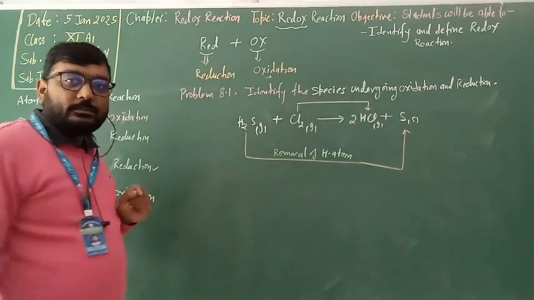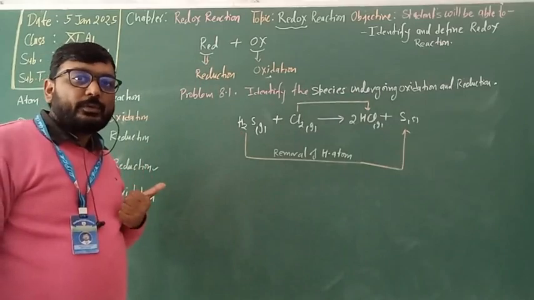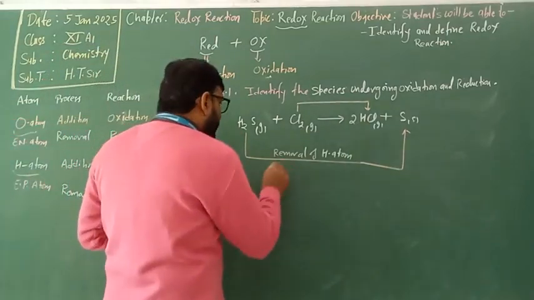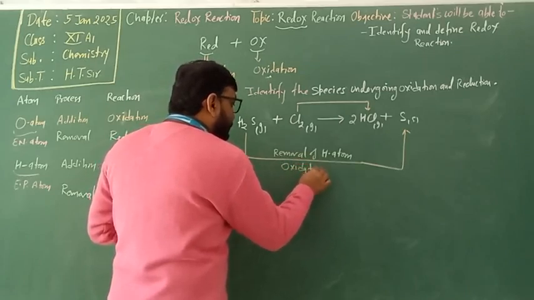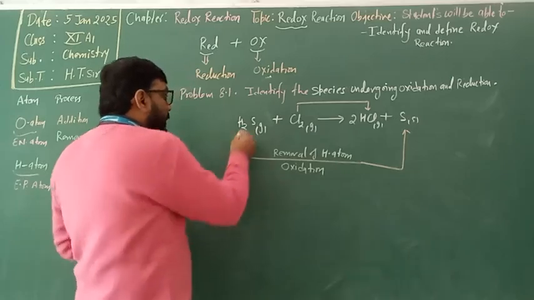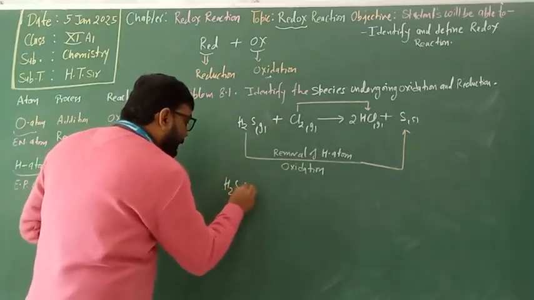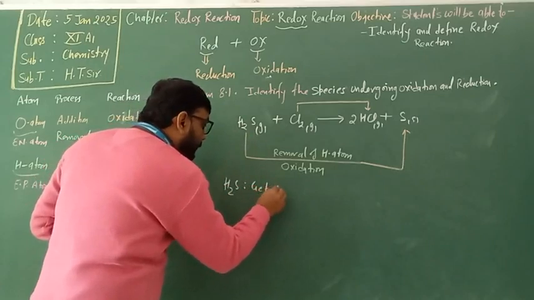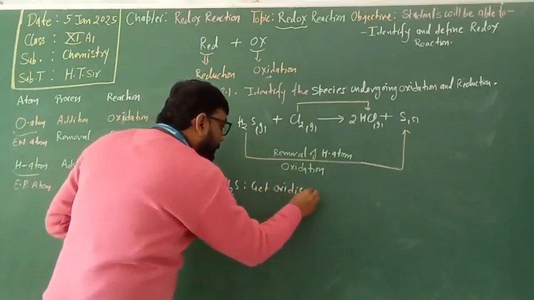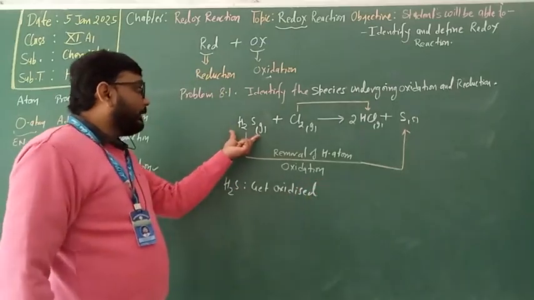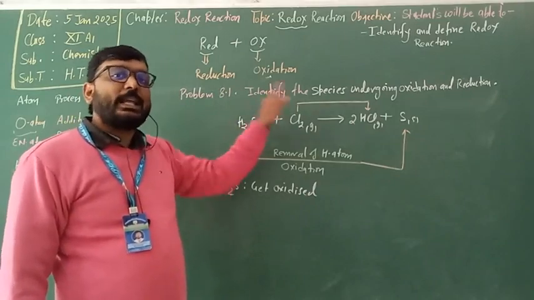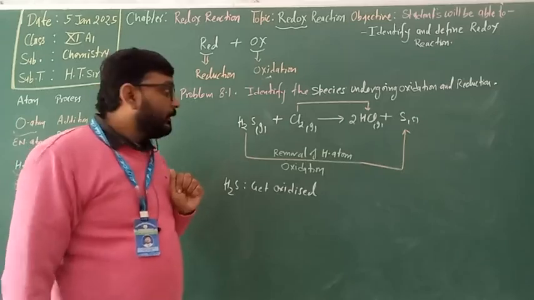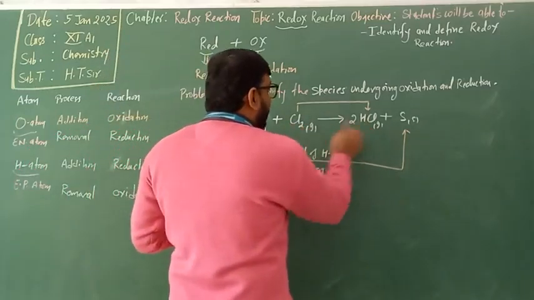What do we call it if the hydrogen atom gets removed? Yeah, absolutely, you are right. That process is called oxidation. Means H2S here gets oxidized. H2S is the species in which oxidation takes place. Clear? Now, chlorine. What is happening?